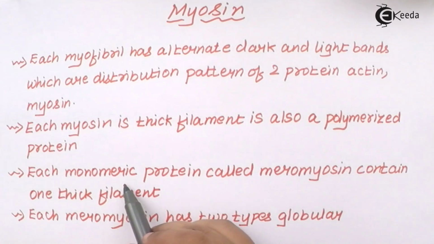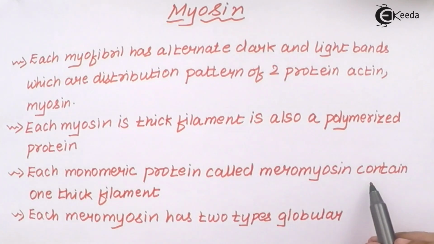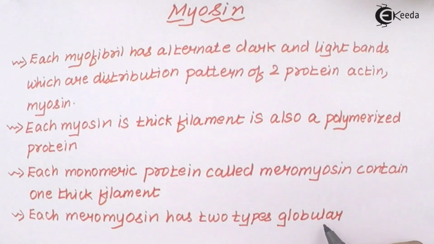Each monomeric protein, or each single constituent protein, is called meromyosin, and it contains one thick filament. Each meromyosin has two types of globular regions.